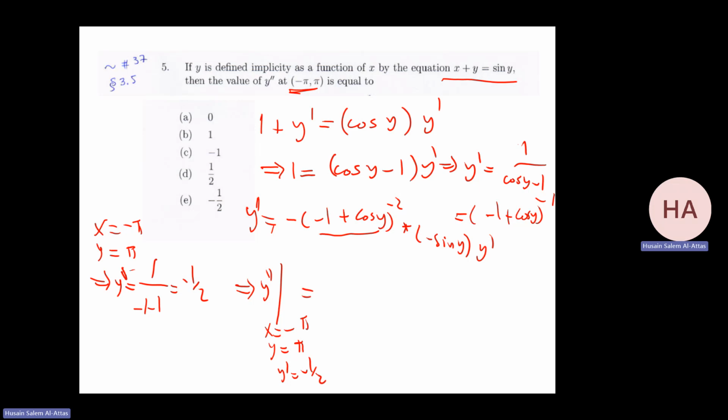We get cosine pi is minus 1, so I have minus 2, which is minus 1 over 4 times sine pi, that will be 0, and this is minus half. I actually don't need it. That answer is 0.